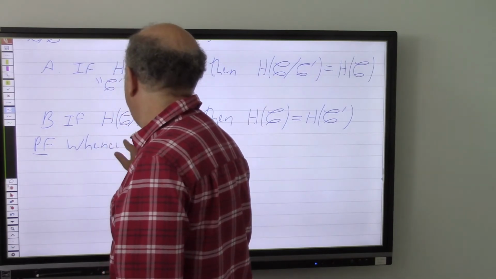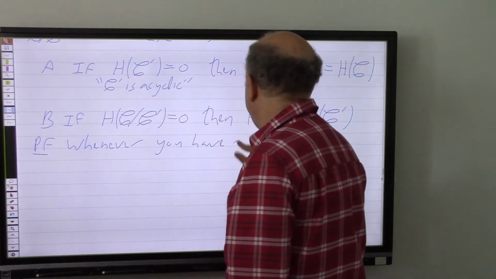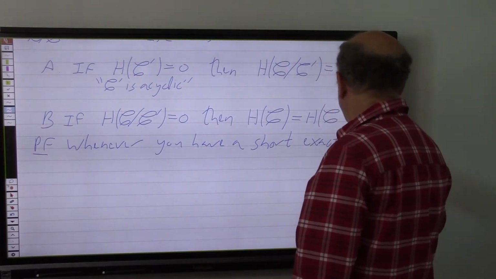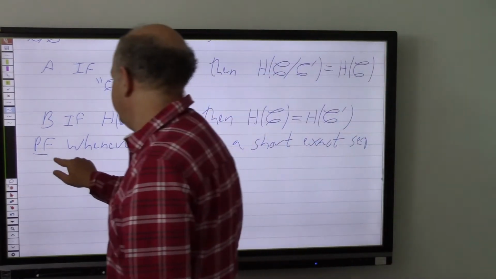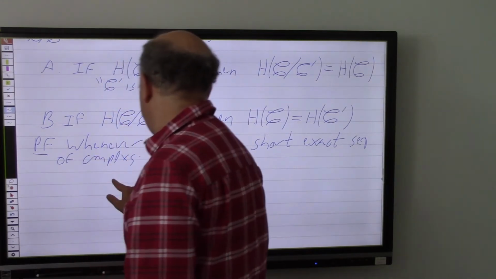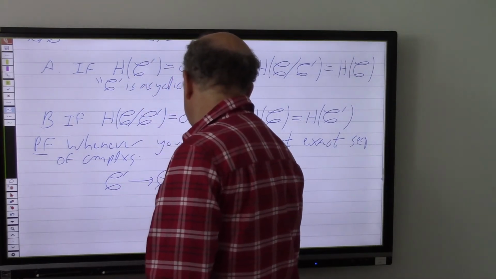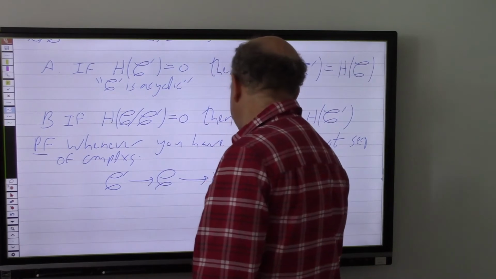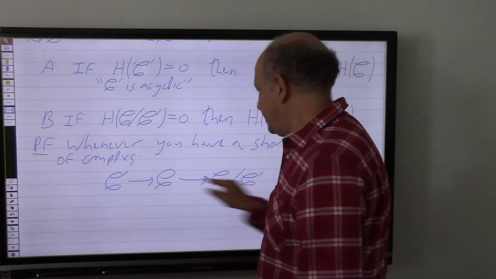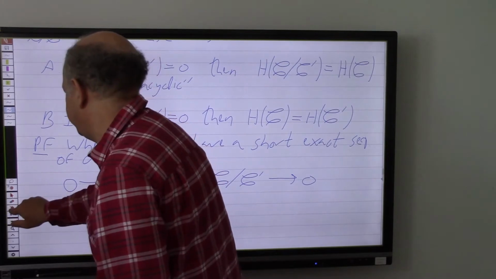So, whenever you have a short exact sequence of complexes, so in our case it's C prime goes to C goes to C modulo C prime, and this is an exact sequence because, well, quotients are exact sequences.